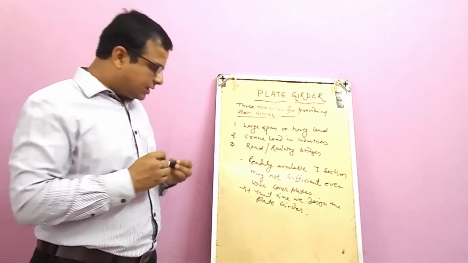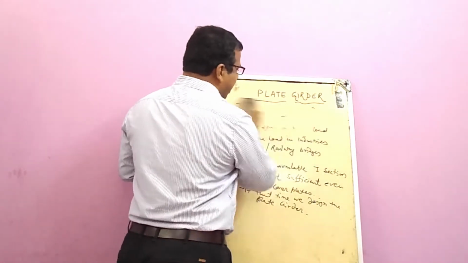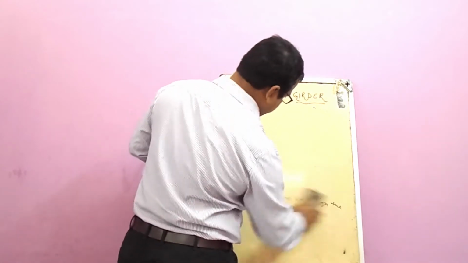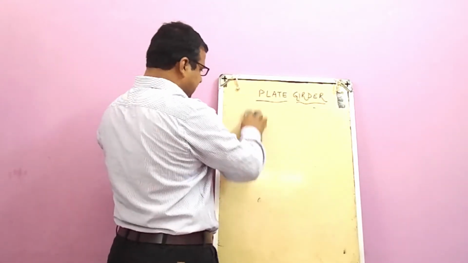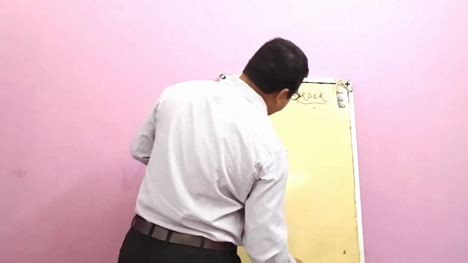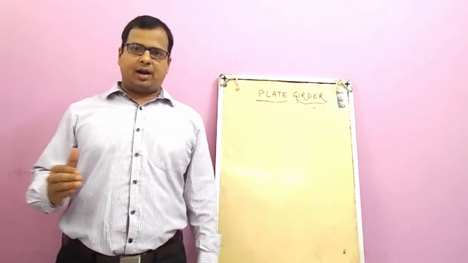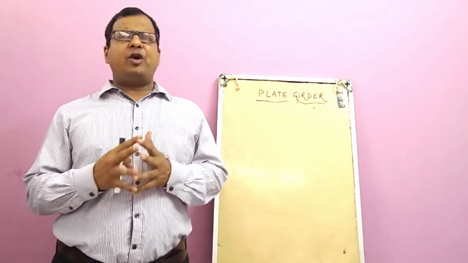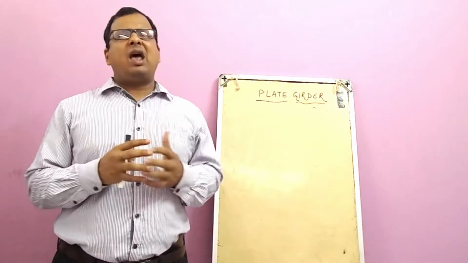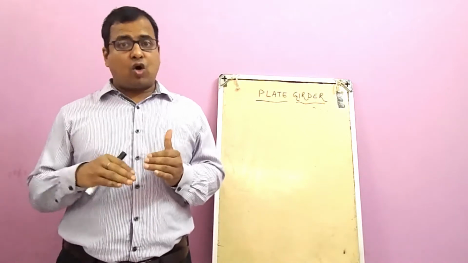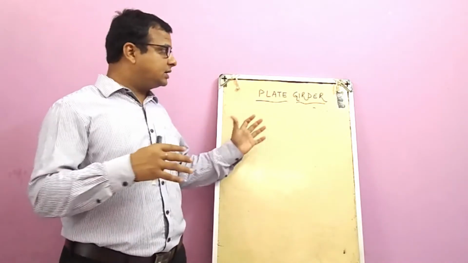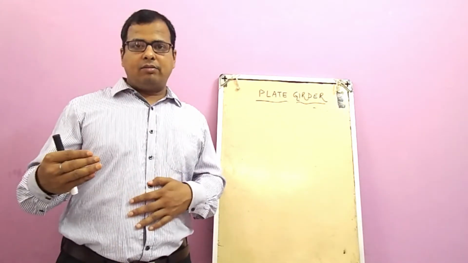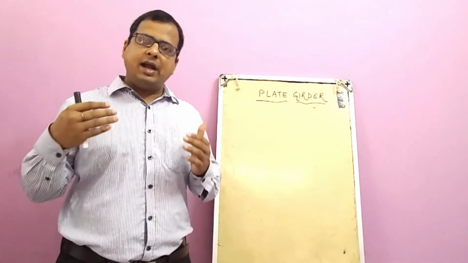So depending upon the situation, the depth of the plate girder may vary from 1.5 meter to 5 meter. Generally we do not take less than 1.5 meter. Sometimes we can take 1 meter, but generally we avoid it because there is additional cost to fabricate such plate girders, because these types of sections we have to build up or fabricate at the site only.